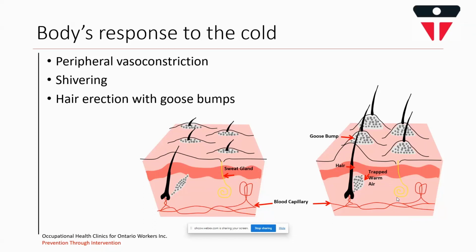Those goosebumps we have from cold are nothing but warm air trapped in our skin. How much heat we can gain by this, I'm not sure, but the main mechanisms our body goes through while trying to maintain the core body temperature are peripheral vasoconstriction and shivering.